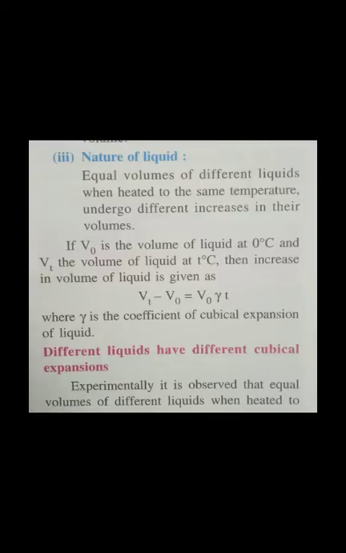The difference between the two will give you the increase in volume, or the expansion of liquid. Now, Vt minus V0 depends on three factors: original volume, that is V0, nature of the liquid, that is denoted by gamma, and T, that is the increase in temperature.